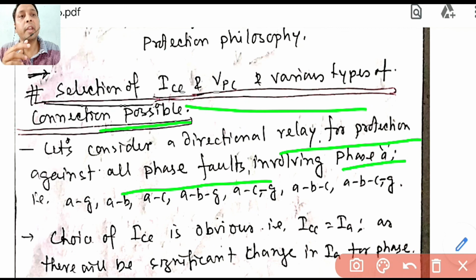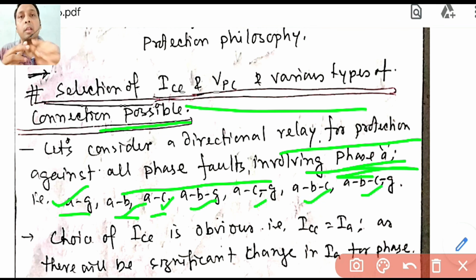If I am considering only phase A, then in phase A these types of faults are possible: AG, line to line AB, AC, line to line to ground faults ABG, ACG, and symmetrical faults ABC and ABCG. Which current should you consider for your current coil?